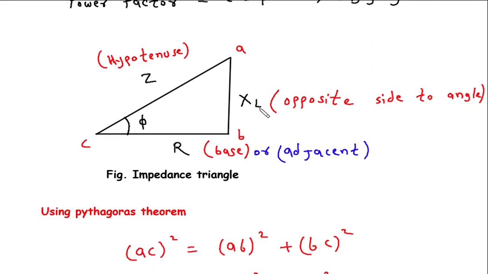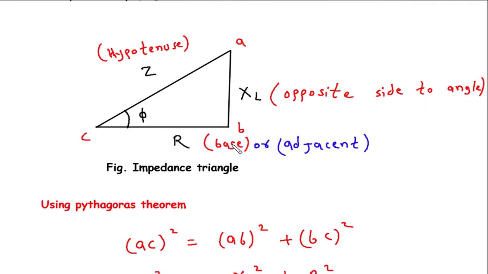Here we can see this is an impedance triangle. This is Z or impedance, this is inductive reactance and this is resistance R. So if this is a right angle triangle, this will be hypotenuse, this is opposite side to angle and this is base or adjacent side.